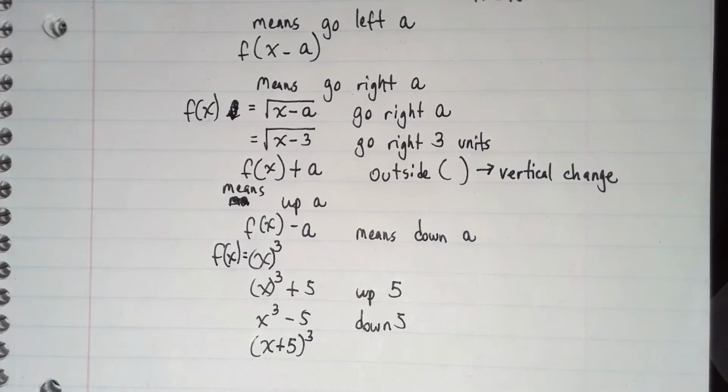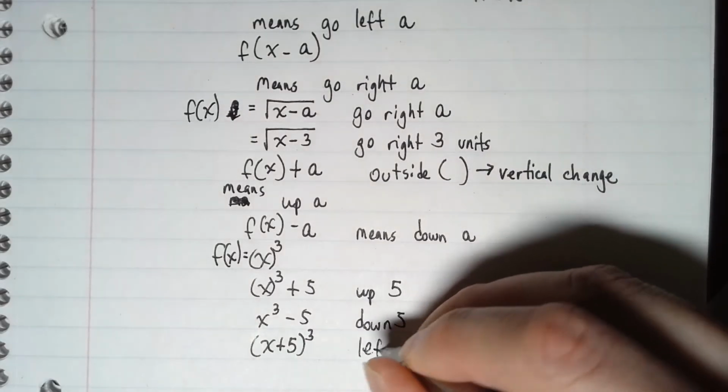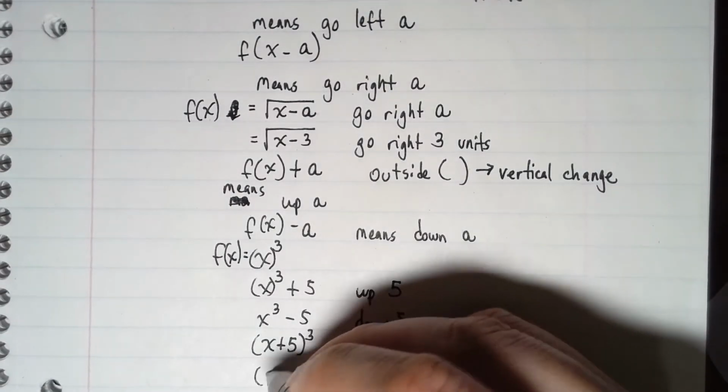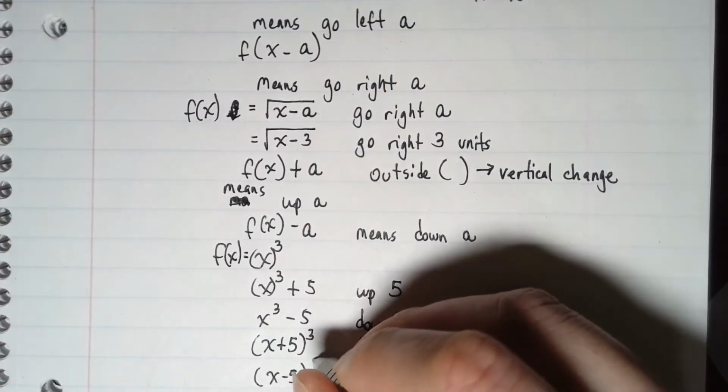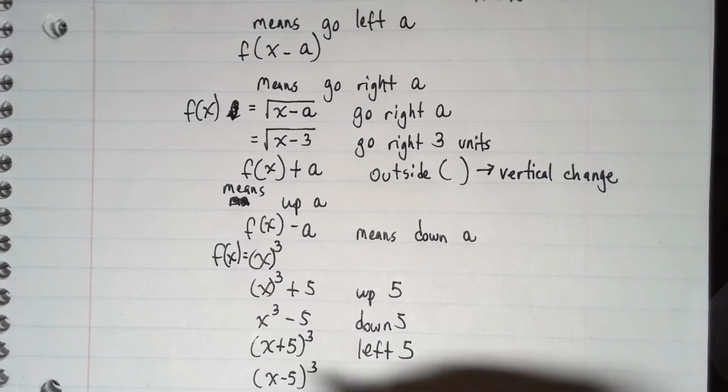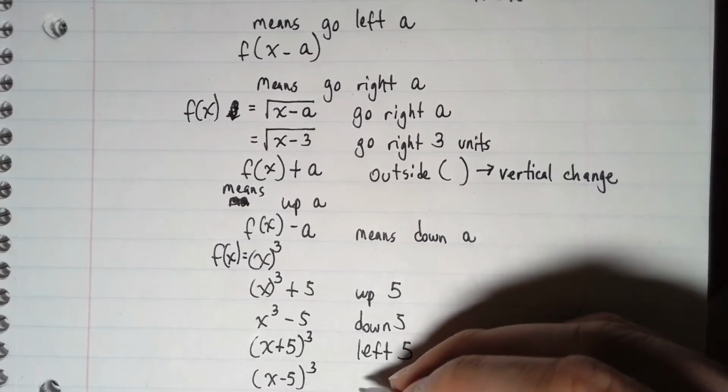And earlier we said if it's inside, it's either left or right. And the plus 5, normally thinking right side of the number line, actually does the opposite because you're inside the parentheses. So it actually means left 5. And this minus 5, which affects the x once more, actually means go to the right because you do the opposite.